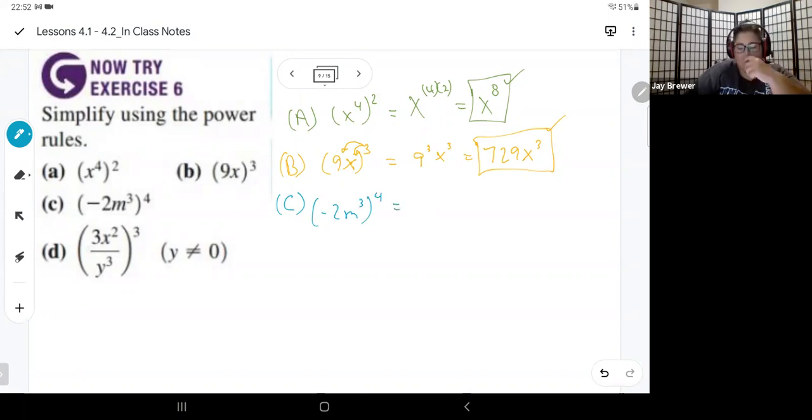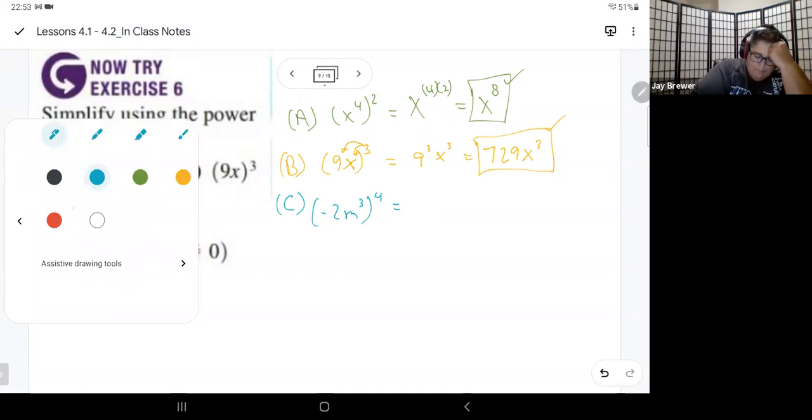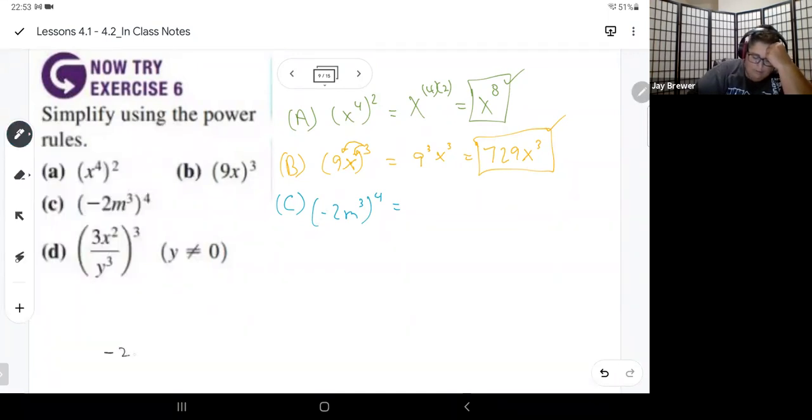All right, this is what I mentioned in class, if you were there. If we have an even exponent, the negative will become a positive. Think of it this way: if we square a negative 2, that's -2 times -2. The negative becomes a positive, so it's +4. Now let's look at -2 cubed. That's -2 times -2 times -2.